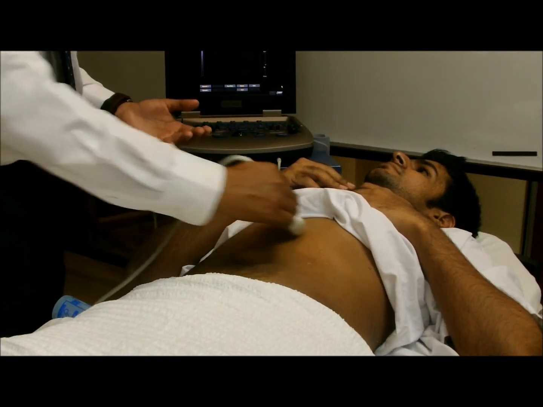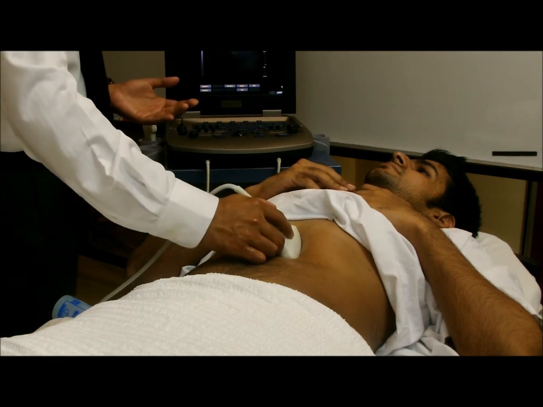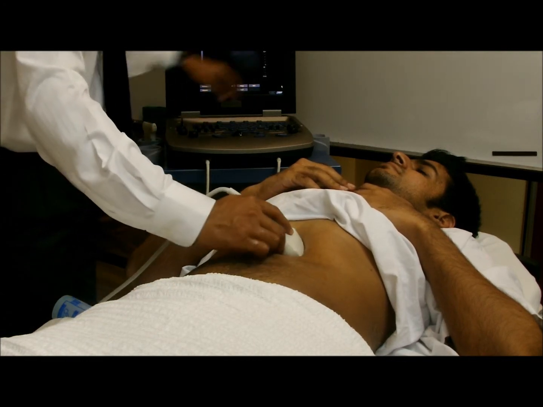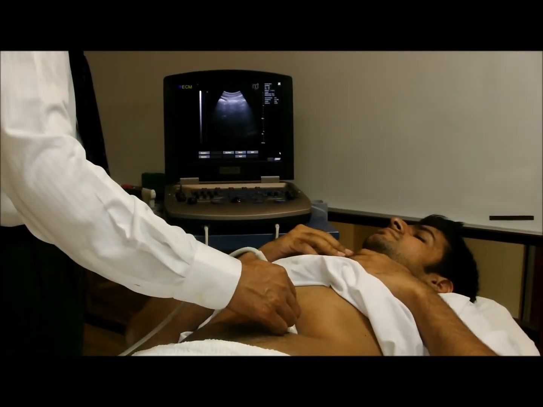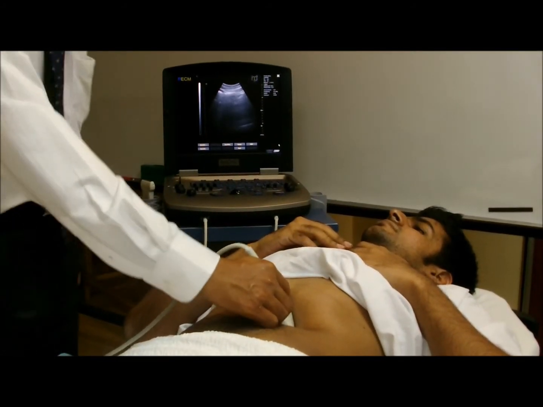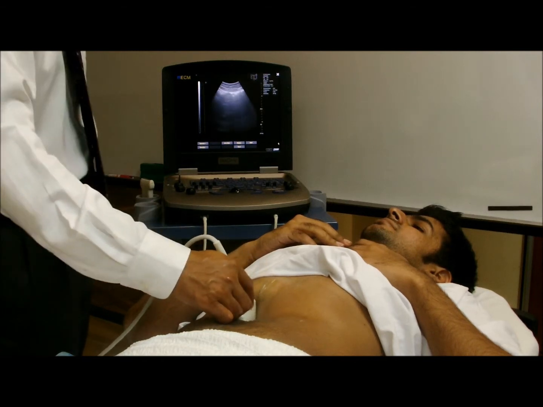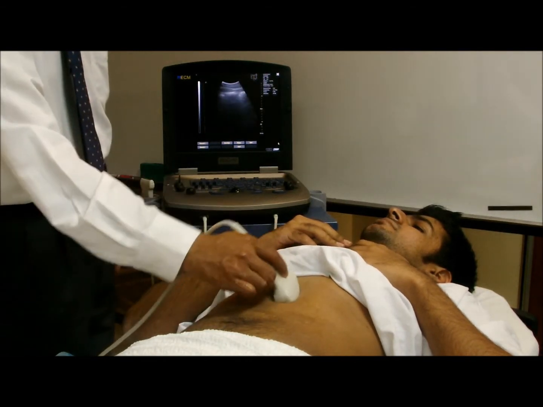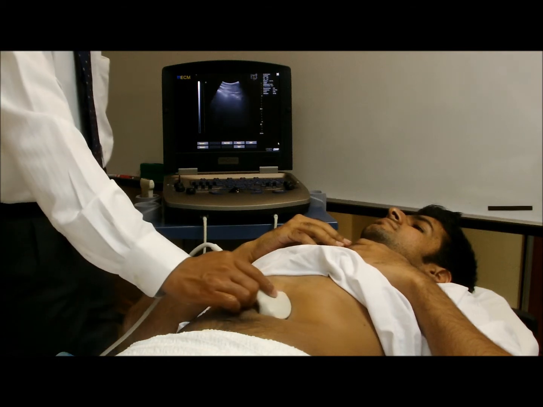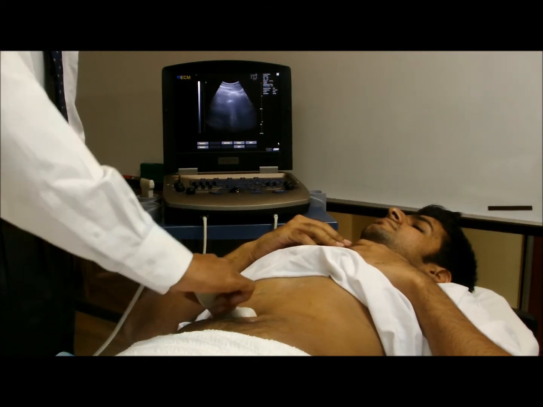But if not, you just see air. This is just air and not much. Air is not a good friend for ultrasound because you can't see much structure underneath it. But this is a way to explore from part of the esophagus, stomach, down to the duodenum area.